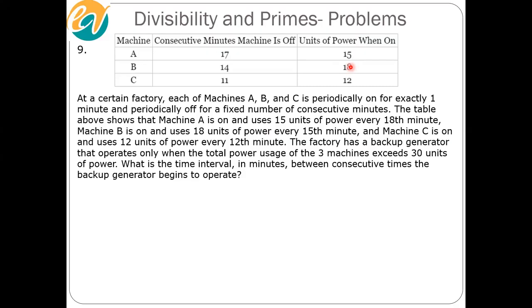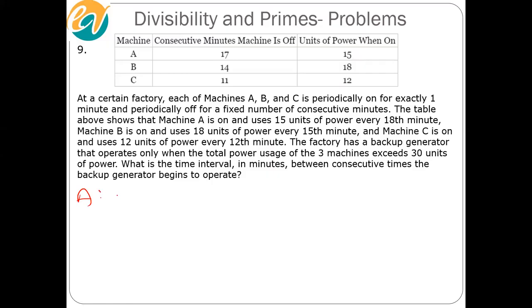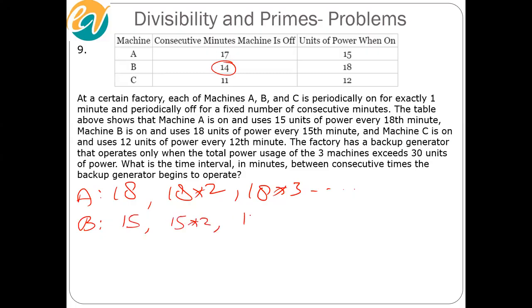Correct? So when is A operational, by the way? 18th minute, next time, and so on. When is B operational? 15th minute, right? Then next time, 15 into 2, next time, 15 into 3, and so on.